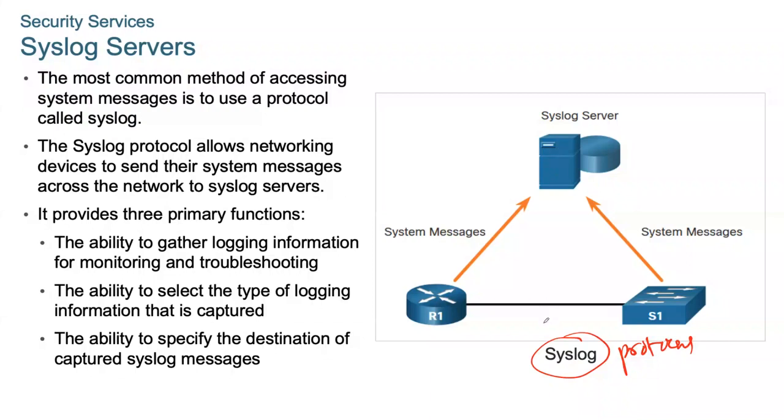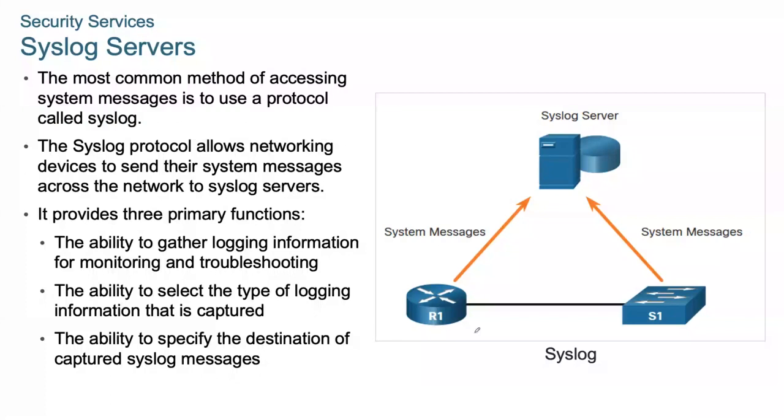Many network devices support Syslog, including routers, switches, application servers, firewalls, and network appliances. The Syslog protocol allows the networking devices to send their system messages across the network to the Syslog server.